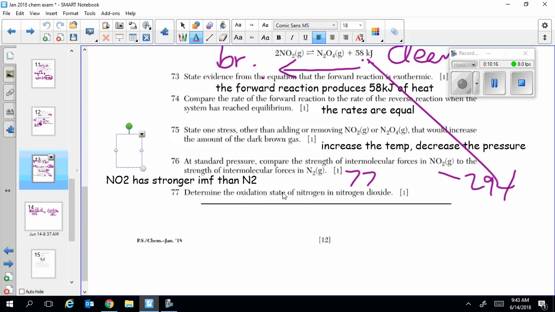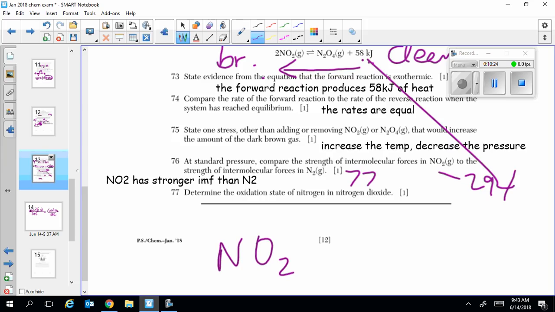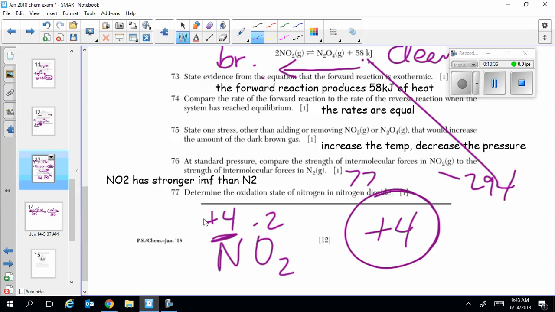All right, determine the oxidation state of nitrogen in nitrogen dioxide. So nitrogen dioxide is NO2. I know oxygen's a -2, so that means this nitrogen, two -2s must be balanced out by a +4. So the oxidation state of nitrogen is a +4.